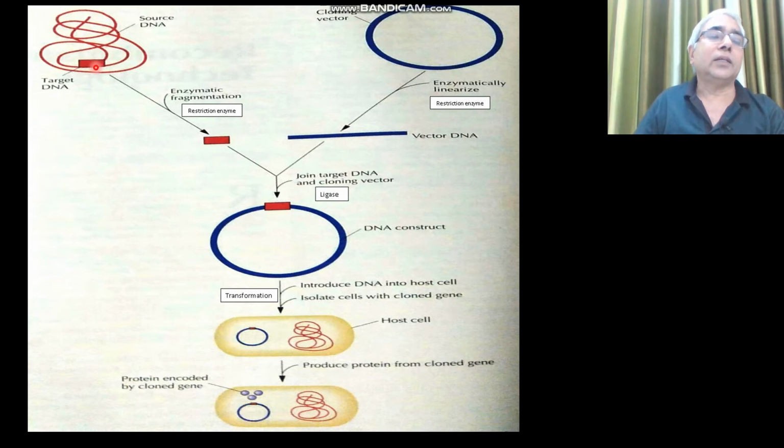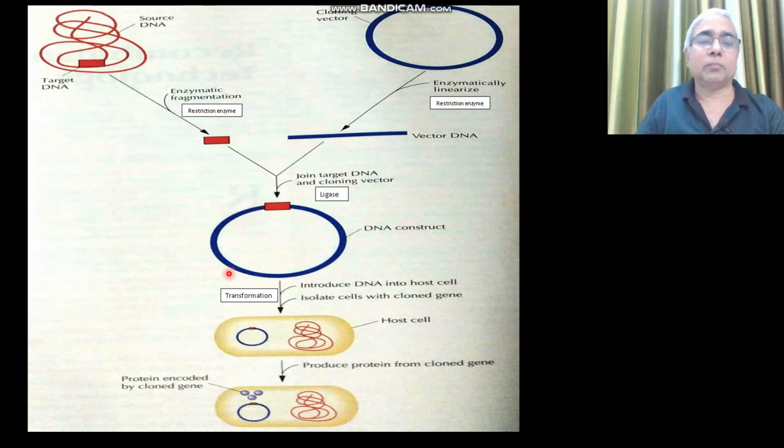Now the target DNA is separated from the host genome. Again, this is done by use of restriction enzymes. In this way, your gene of interest and vector DNA have been linearized. Now both these two molecules are brought together and joined in a single molecule.